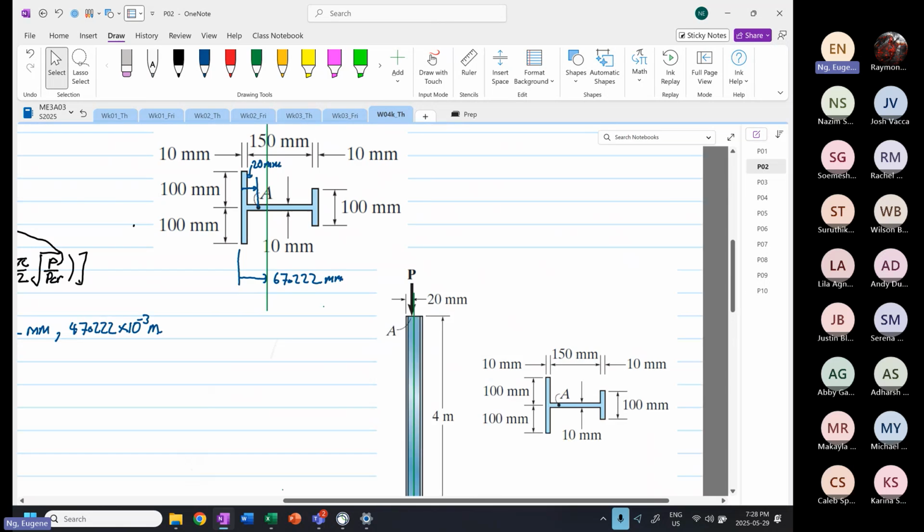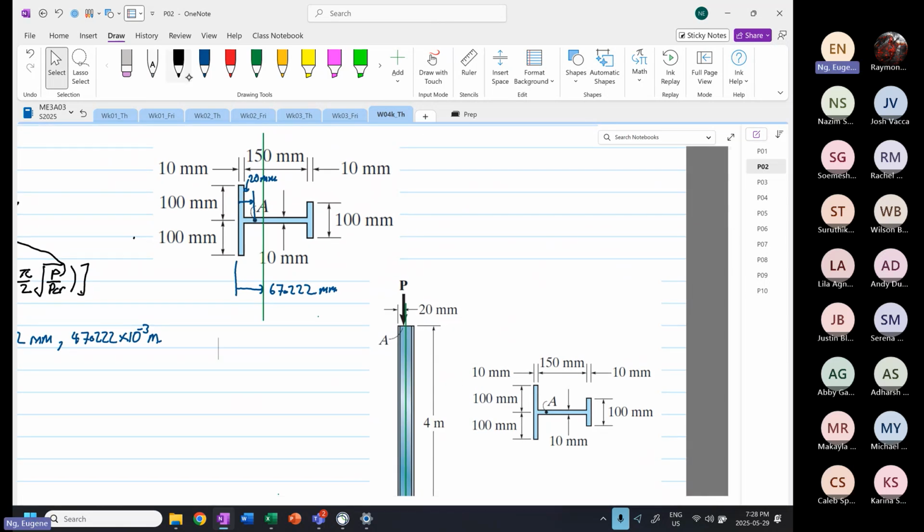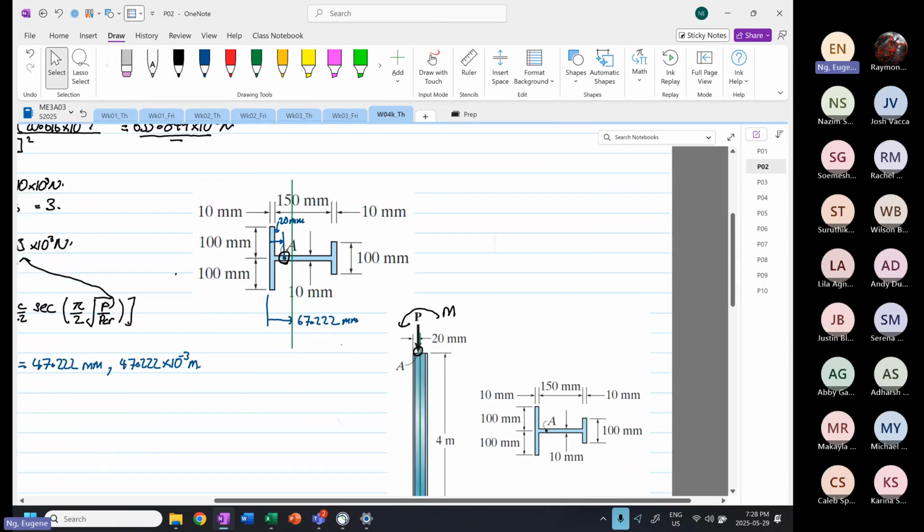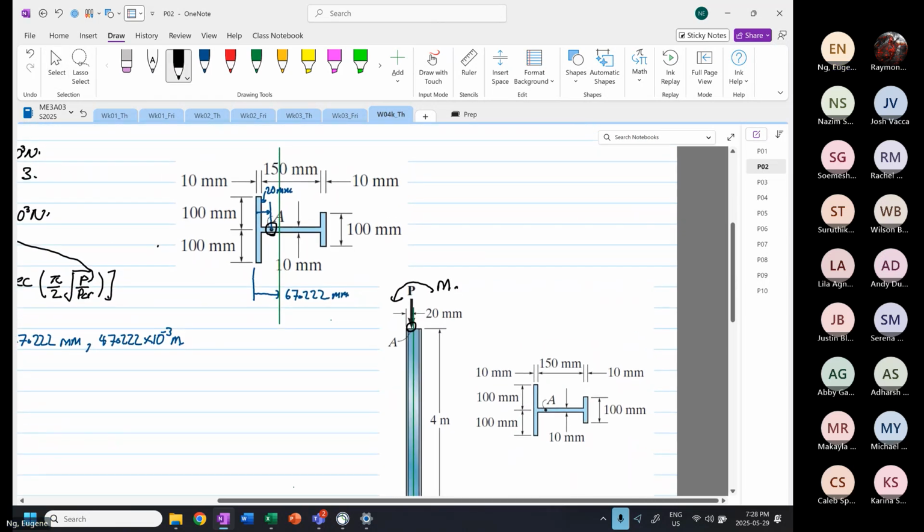As you can see, point A is on the left-hand side of the centroid. So the moment will go this way. If I were to follow our axis, this is moment about Z. So when this is the case, over here is under compression. Down here on the right hand side will be tensile.